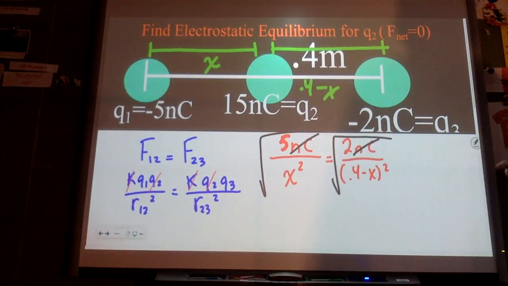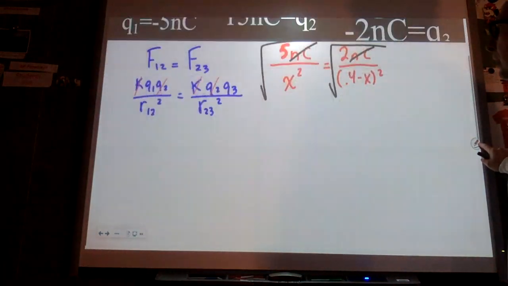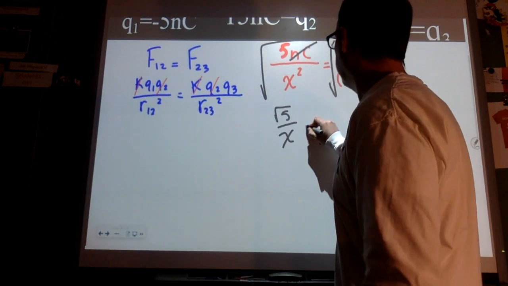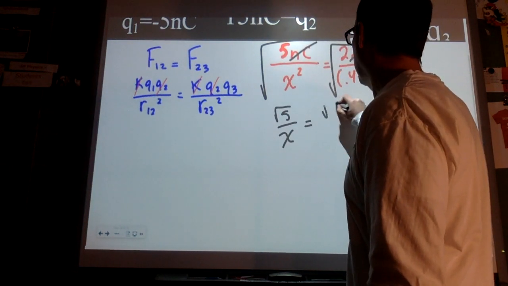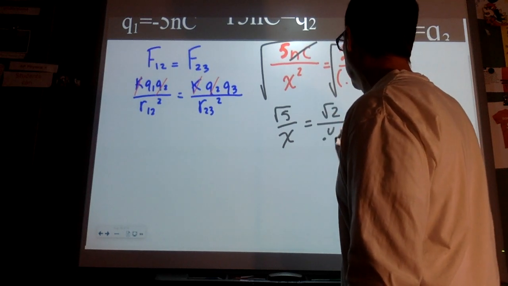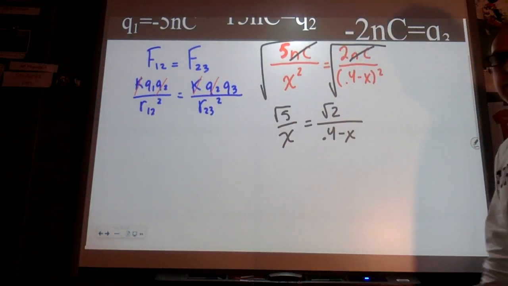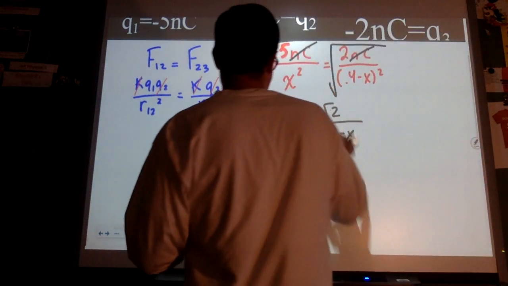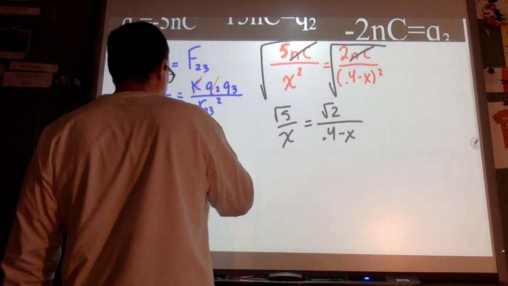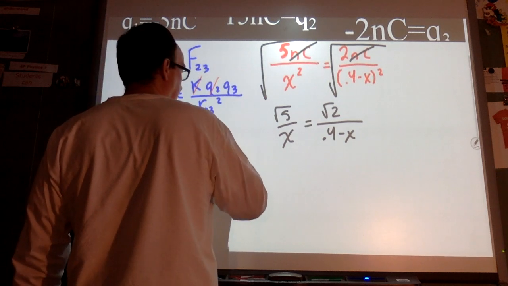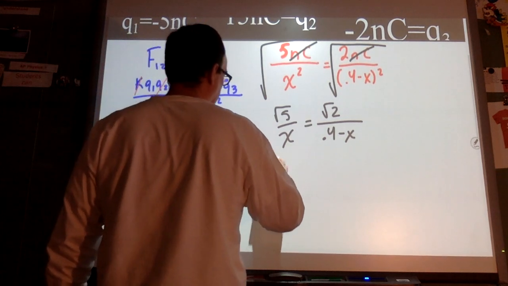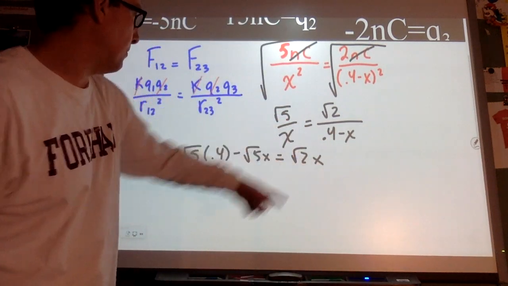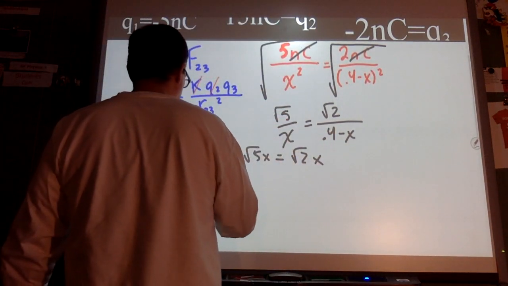All right, so when I rewrite this, I'm going to get radical 5 over x equals radical 2 over 0.4 minus x. Messy, but solvable. So I'm going to cross multiply, and I'm going to have radical 5 times 0.4 minus radical 5x is equal to radical 2x. I'm going to add my radical 5x to the other side.